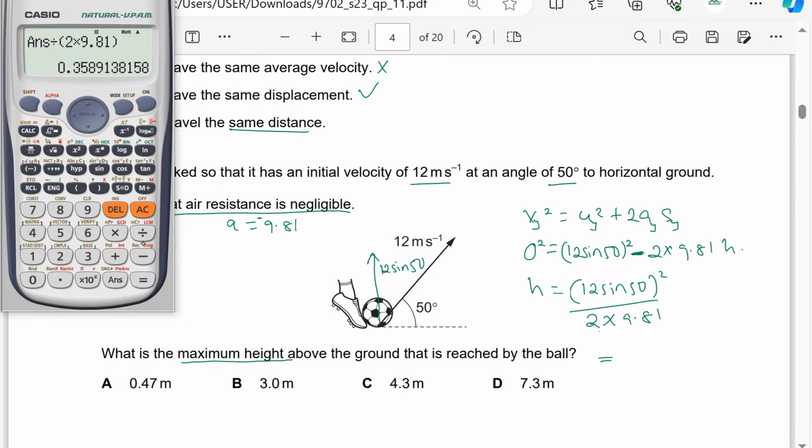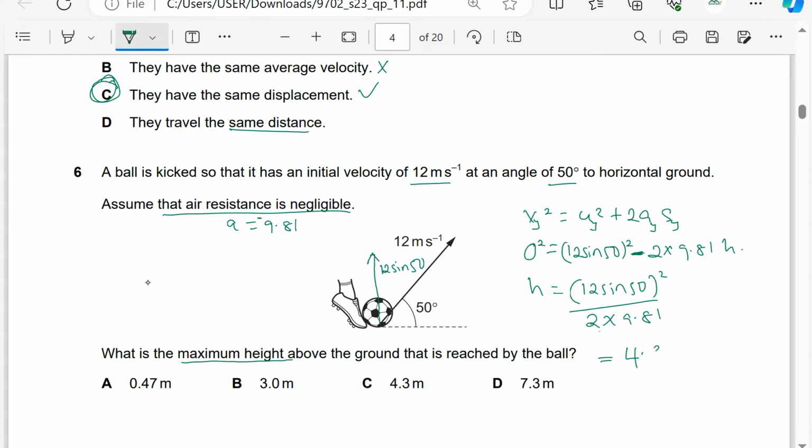Sorry, I have to square the whole thing: sine of 50, the whole of it is squared. Then I divide this by 2 times 9.81. So this gives us 4.3. So this is 4.3 meters. So the answer is C.